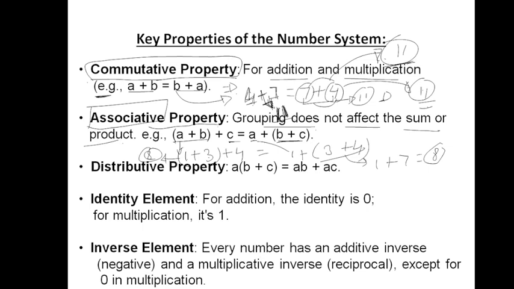So what is the distributive property? It is an example of the distributive property: A in brackets B plus C equals AB plus AC. Let's convert it into numbers.